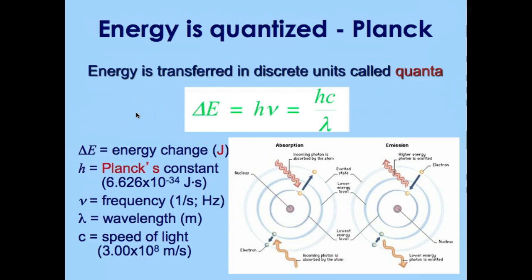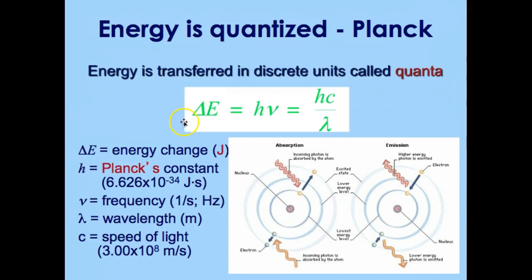It does not matter whether that energy change is positive or negative in terms of what we're going to be looking at right now with relating energy to wavelengths. Know that when you go from a lower energy level to a higher energy level, you have to have an absorption of energy. And when you are going from a higher energy level back down to a lower energy level, you're going to be having an emission, a release of energy, so it would be negative.